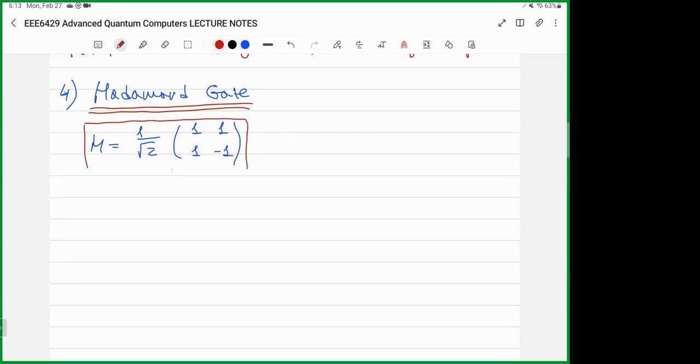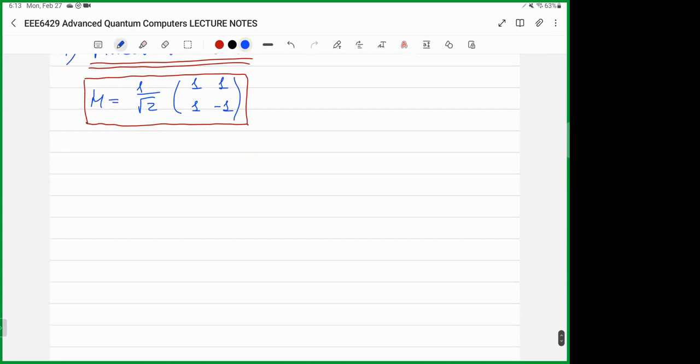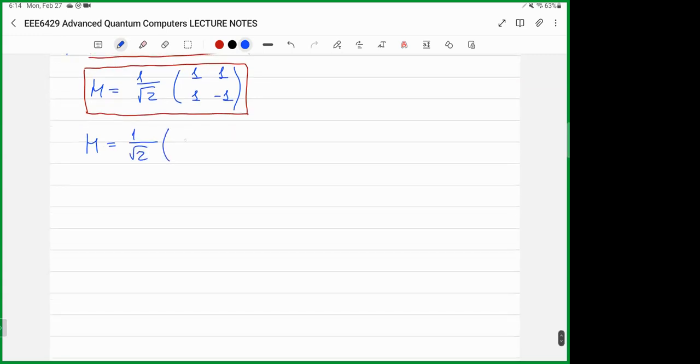Let's frame this formula, this operator. On the other hand, in the outer product representation, this Hadamard gate is equal to 1 over square root of 2 times 0 0 plus 0 1 plus 1 0 minus 1 1. So this is the outer product representation.